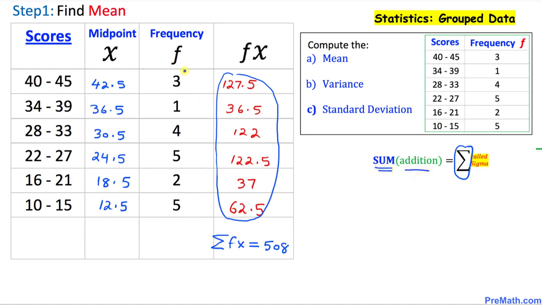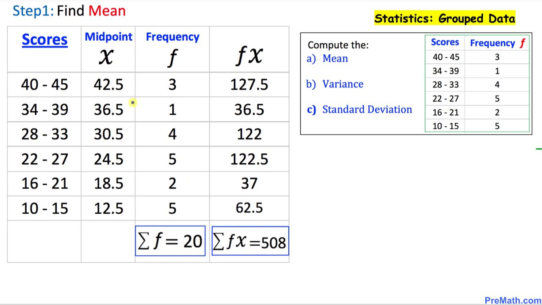And one more thing, if we look at the frequency column, we are going to add these values up as well. So we can use sigma of f equals simply 20. And here is our final product. I have nicely filled out these values in this table.